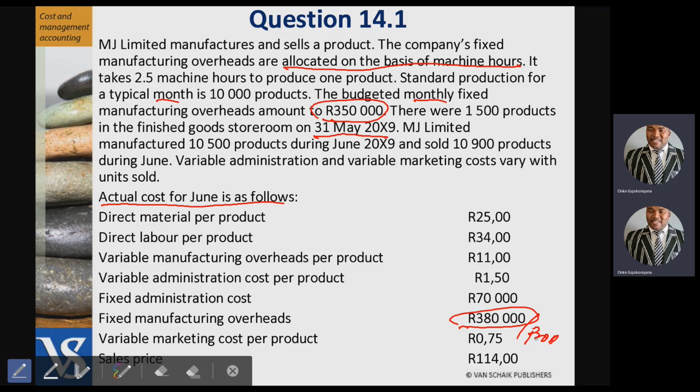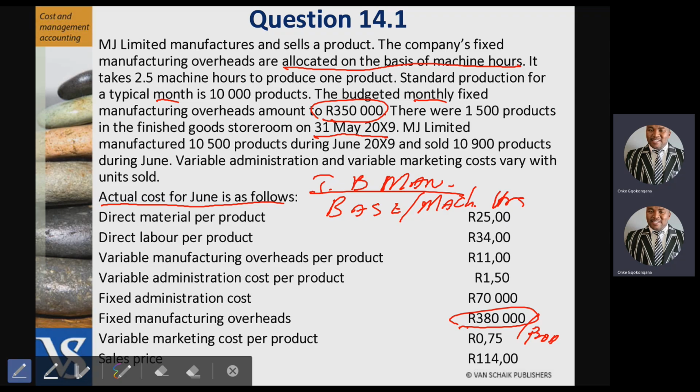Remember the formula that you normally use there, where you take your total budgeted manufacturing overheads, then you divide by the given base. And in this case, our base is going to be machine hours, because we're using the machine hours to allocate these overheads in our production.